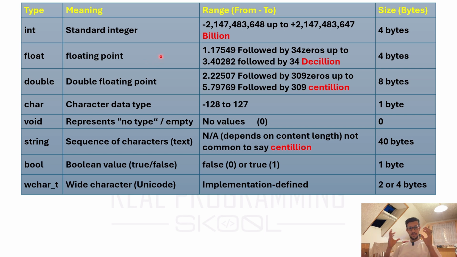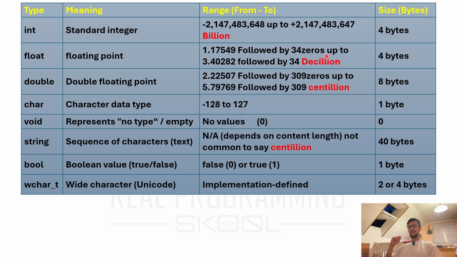If you want to imagine it in front of your eyes, you can write on paper 1 point 17549, and right after this number, write 34 zeros. You will see how big the float is. And as we said, we stop here at double floating point. It starts from 2 centillion point some fractions, followed by 309 zeros, up to 5 centillion point some fractions, followed by 309 zeros.